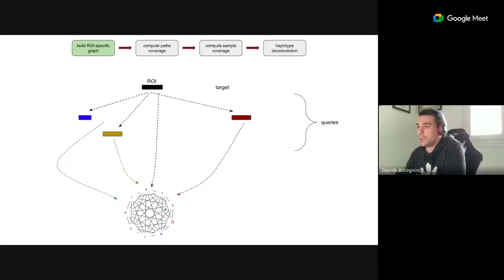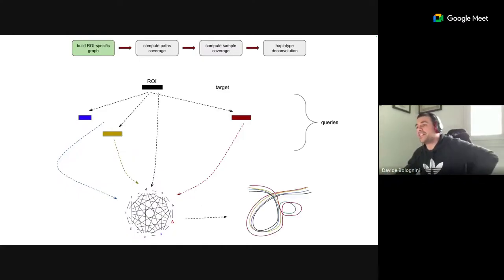This is done using PGGB, which has been developed by Garrison and Guarracino. This allows us to build a region-specific graph. For instance, here you have the C4, the complement component 4 region on human chromosome 6, which has these aspects here.